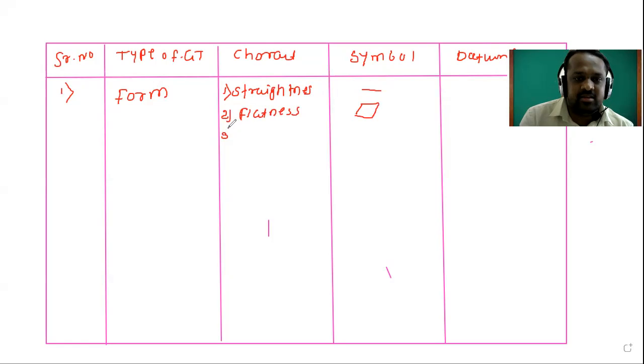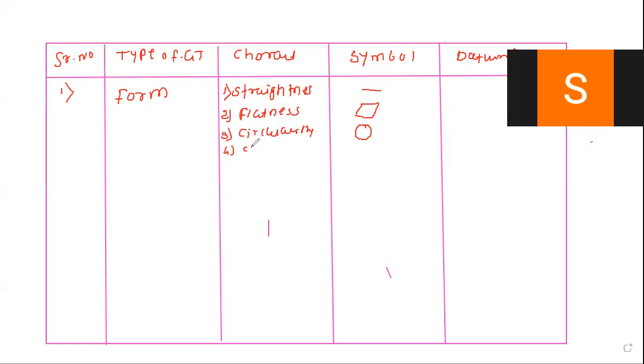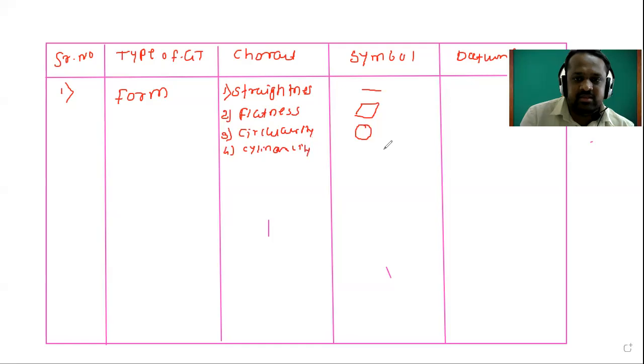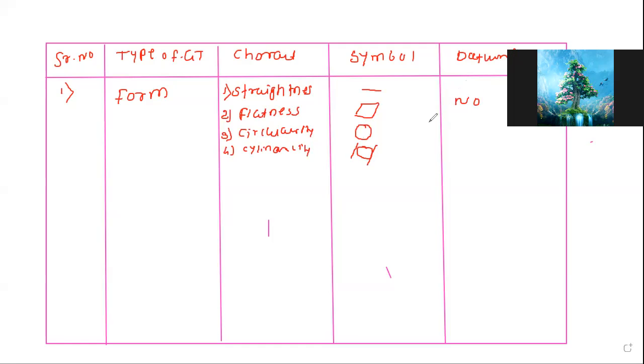Third, circularity, the symbol is just a circle. Fourth is cylindricity, and the symbol for cylindricity is like this. Here is datum required? No, datum is not required at all. So this is the first type.